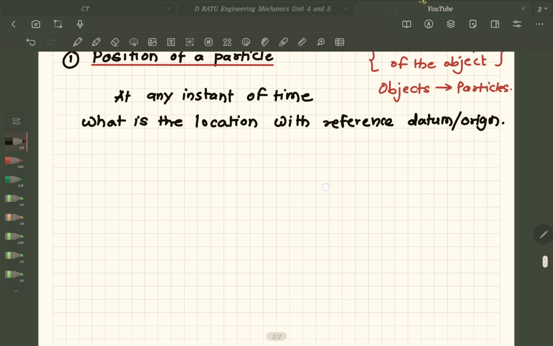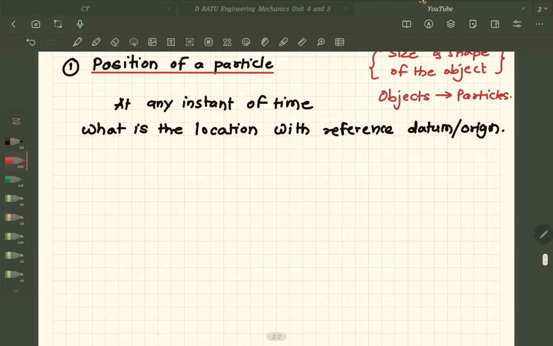Suppose there is a car going in this direction, and I want the position of this particular car at a certain point.